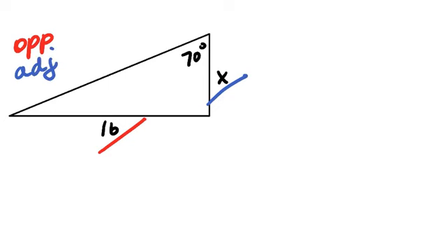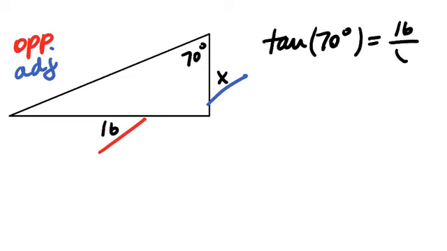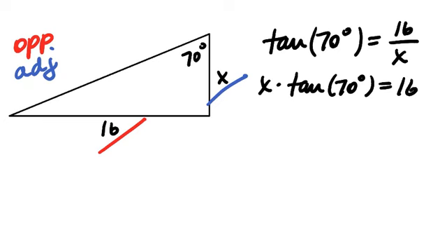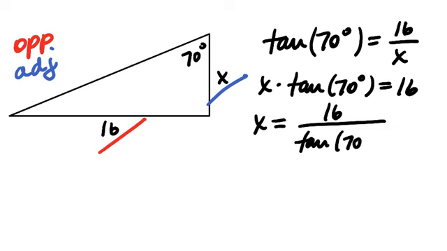You start with the trig ratio: tangent of 70 degrees is equal to opposite over adjacent. You multiply both sides by x, and then divide by tangent of 70. So x is equal to 16 divided by the tangent of 70 degrees.